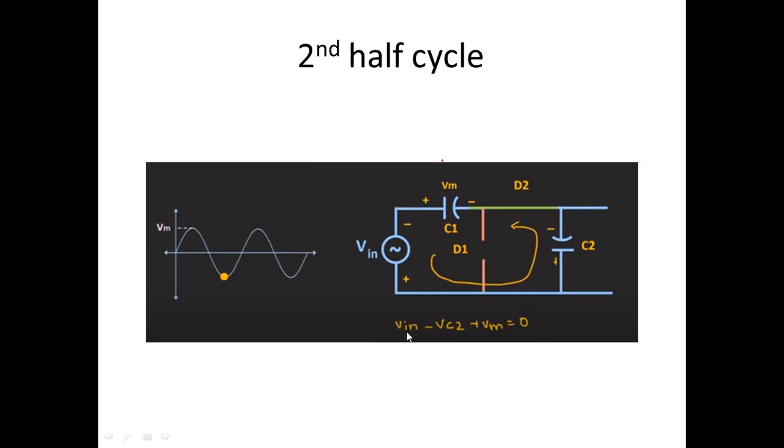Vin is actually the peak value, which is Vm. So Vm plus Vm is equal to Vc2. So Vc2 will be equal to 2Vm, meaning the output after the complete cycle across the capacitor C2 will be 2Vm.